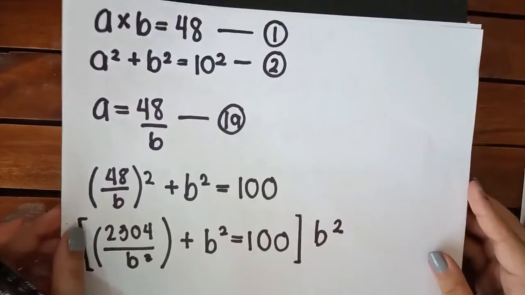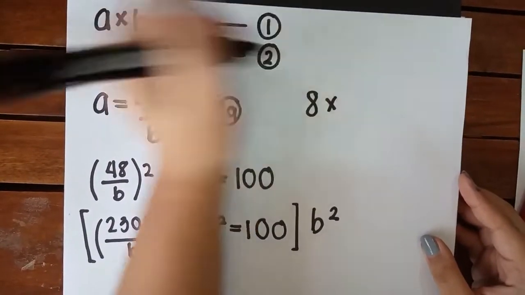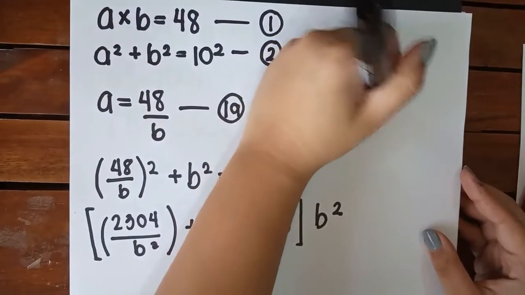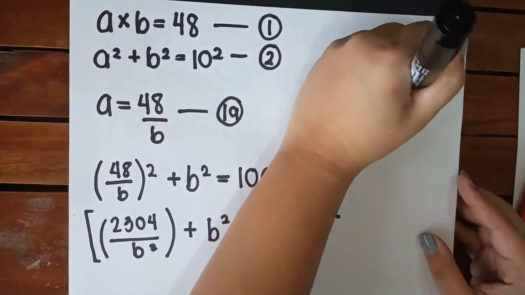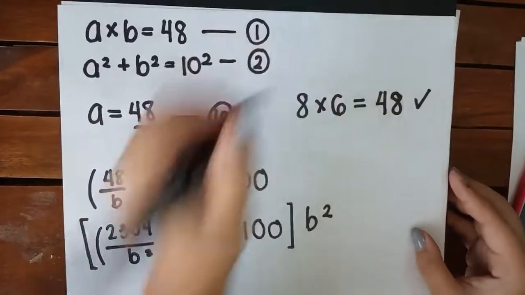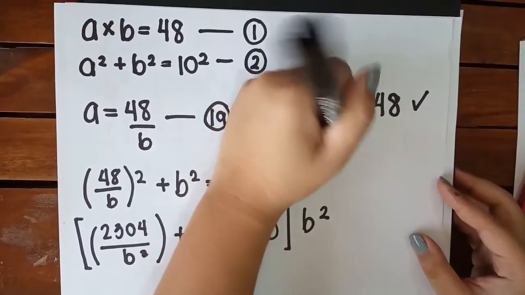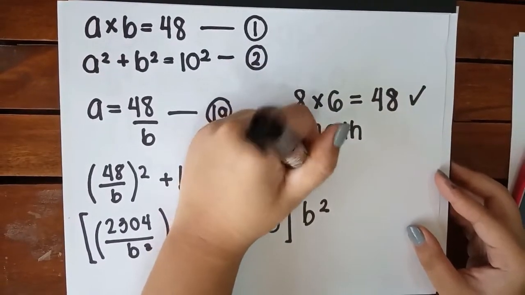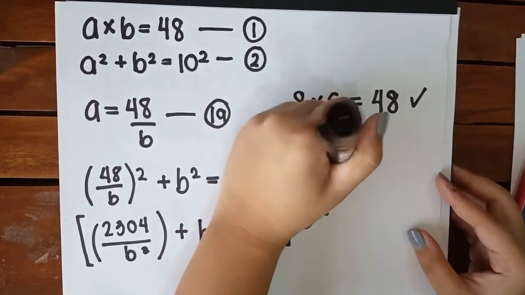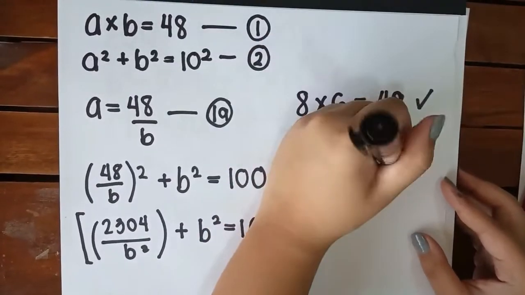So, substituting this to our results earlier would yield 8 times 6 is equal to 48, and that is correct. So the length and the width of the screen are 8 inches and 6 inches.